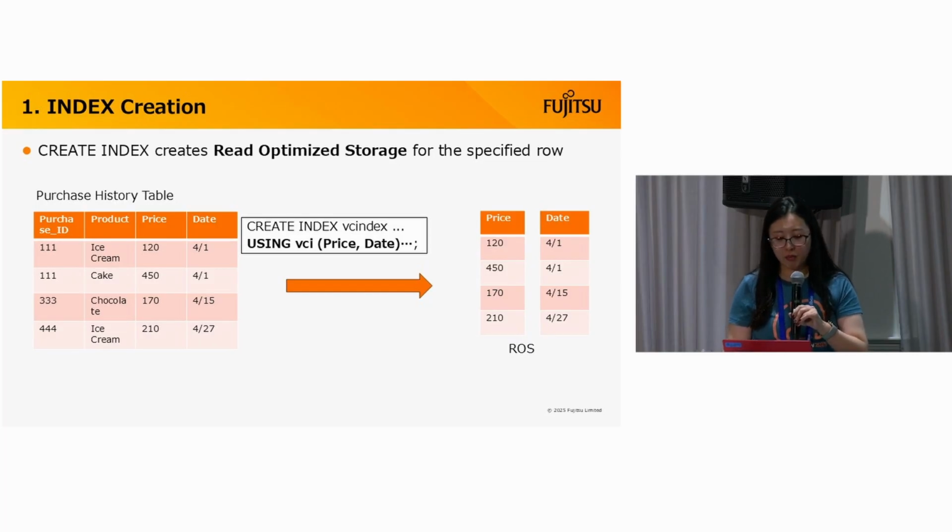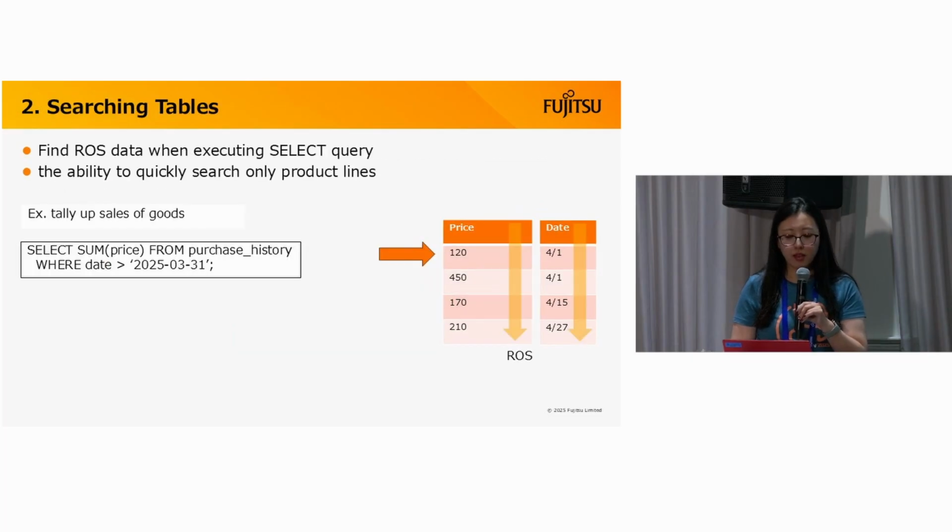In this example, the select statement scans the price and purchase dates stored in ROS. Okay, so we can see the VCI works for select statements, but what if an insert or update comes?